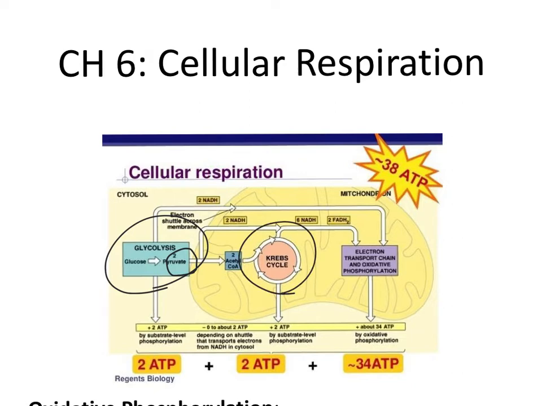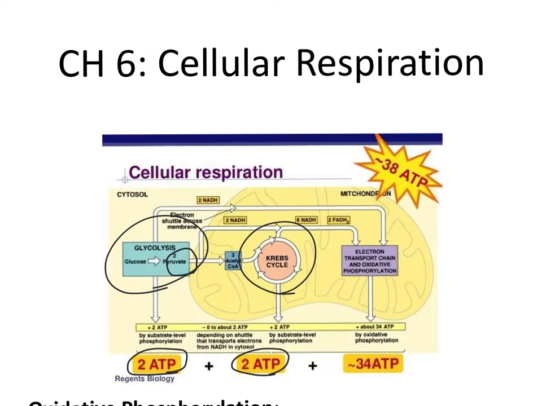The Krebs cycle involves more rearranging of the atoms within those pyruvates to release a little bit more energy. During glycolysis, a net gain of 2 ATP are made. During the Krebs cycle, also a net gain of 2 ATP are made.